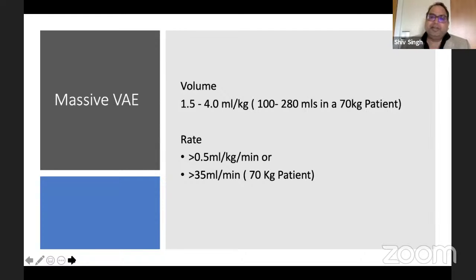So in an average 70 kg man, 100 to 280 mLs of air would be considered a massive air embolism. But more than the volume, it is the rate of the venous air embolism that is important. An air embolism of more than 0.5 ml per kg per minute, or more than 35 ml per minute in a 70 kg man, can cause disaster.